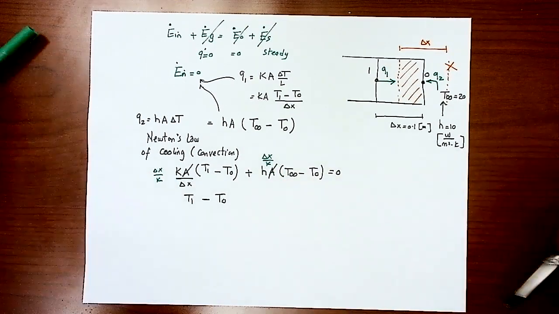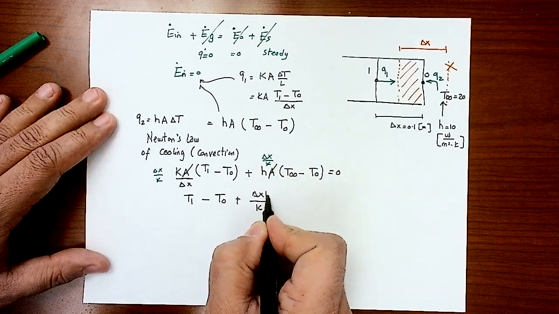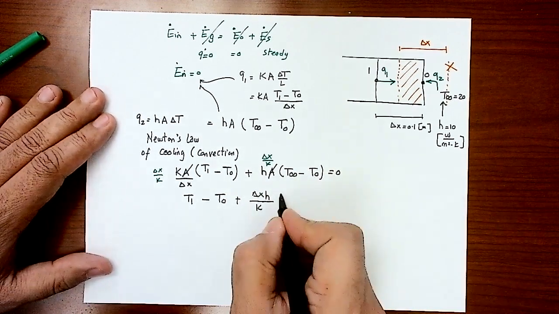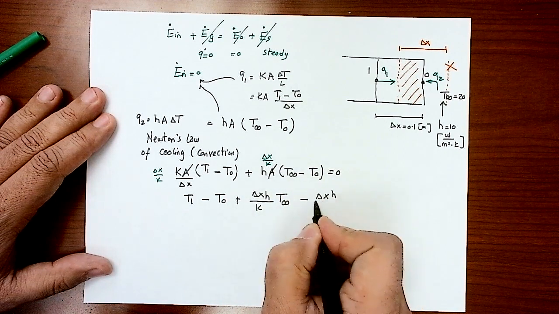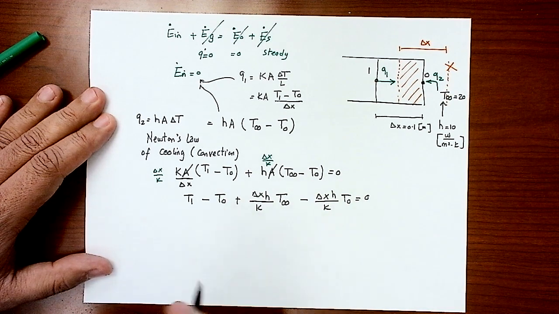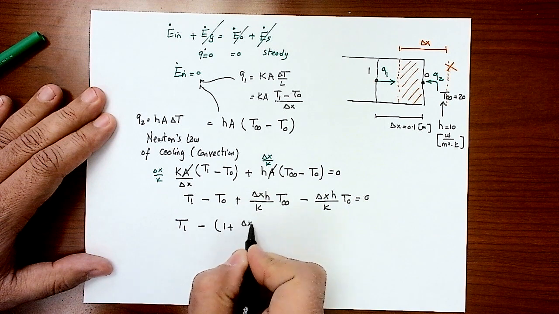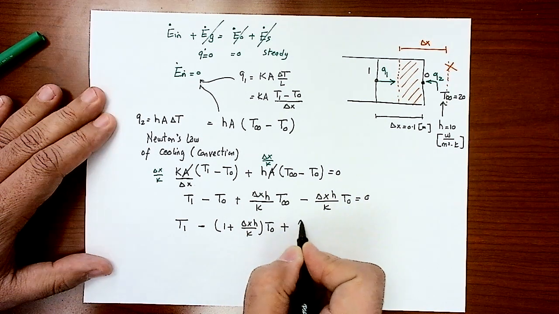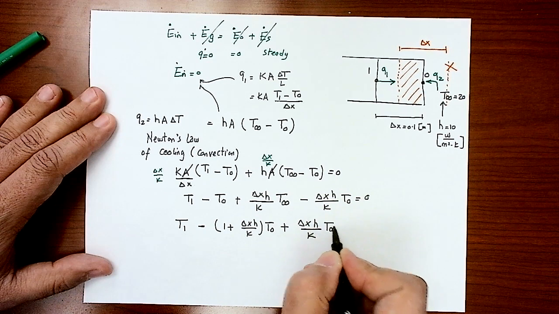So I will have delta X over K multiplied by H, later on we're going to call that a separate name, times T infinity. I will distribute that here. So I'm going to have delta X H over K T0 is equal to 0. I did that so I can collect the terms here. So I'm going to have T1 minus 1 plus delta X H over K T0 plus delta X H over K T infinity is equal to 0.